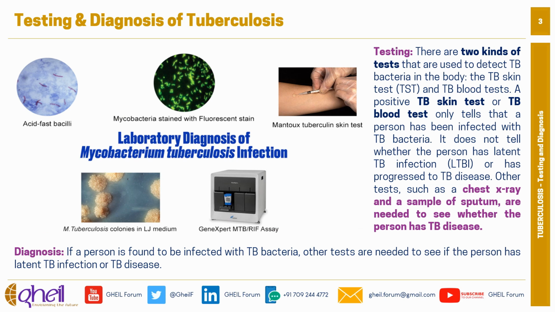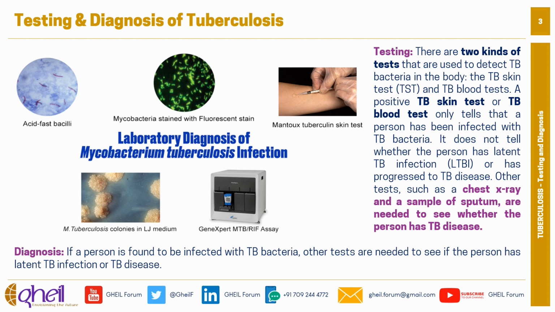Testing and diagnosis of tuberculosis. Testing. There are two kinds of tests that are used to detect TB bacteria in the body: the TB skin test, TST, and TB blood tests. A positive TB skin test or TB blood test only tells that a person has been infected with TB bacteria.